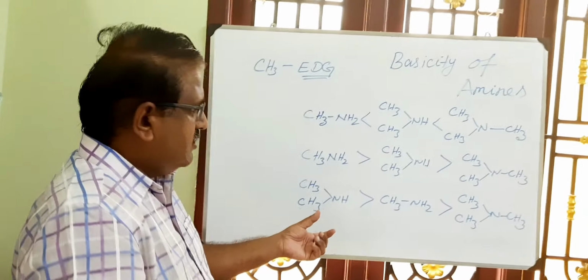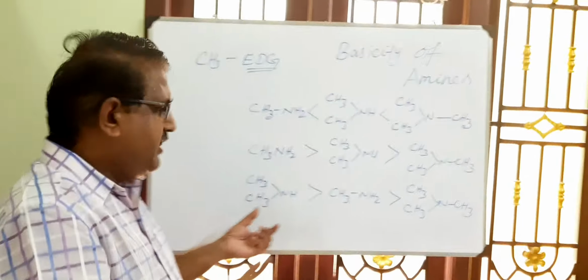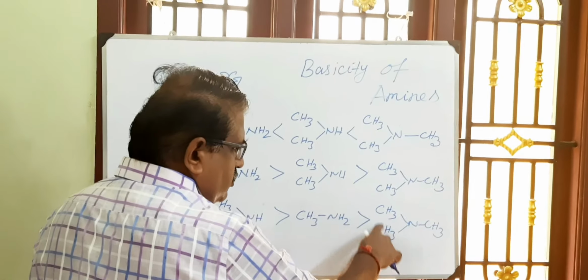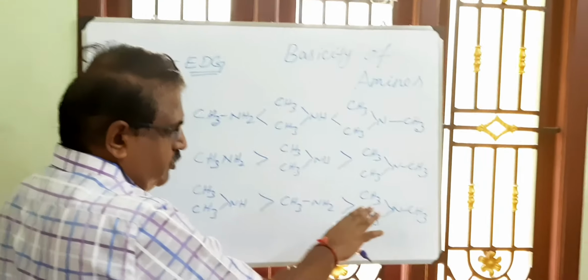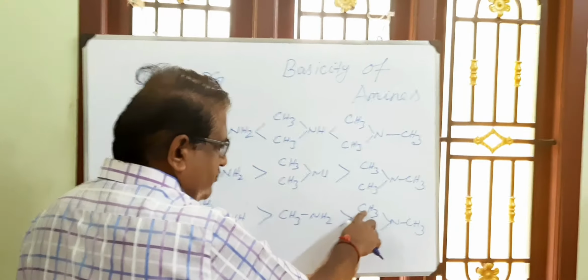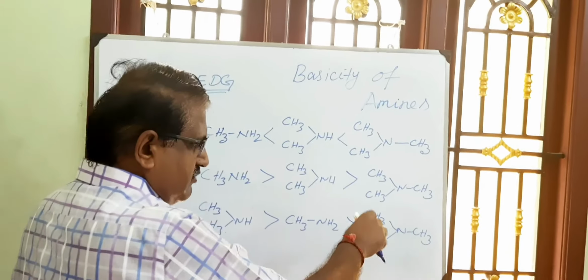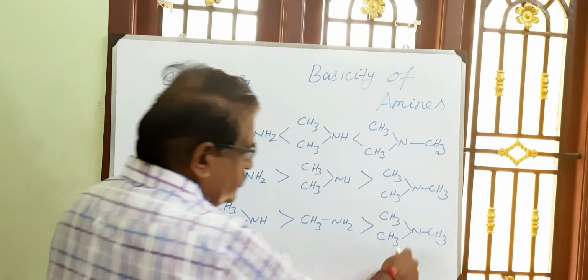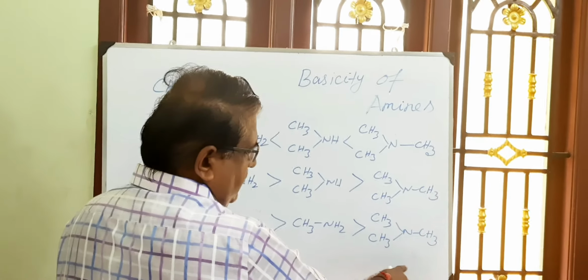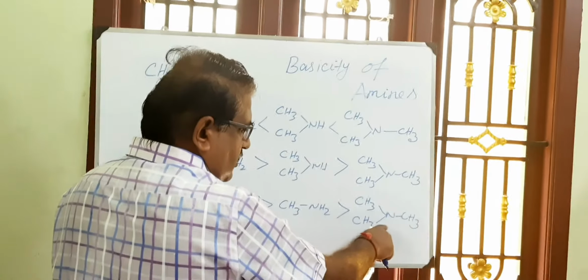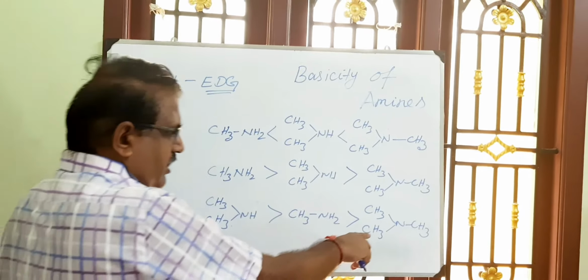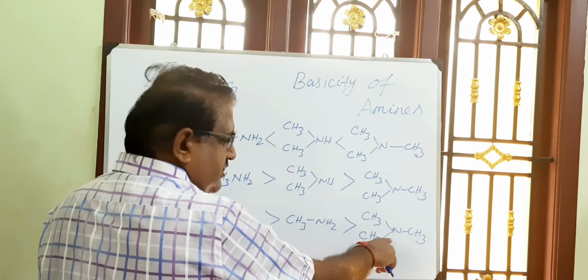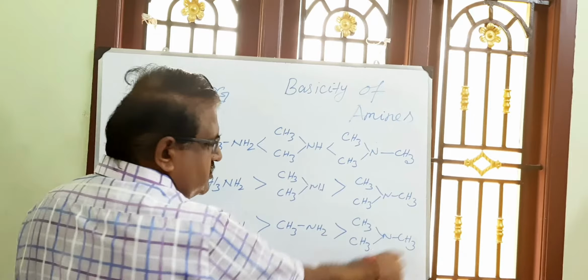So this is because of solubility as well as stability effects. In the case of the tertiary amine, the three methyl groups are electron donating groups. However, because of the bulky nature, because of the bigger size of the molecule, the solubility is affected very drastically. So the solubility effect also should be taken into consideration. Accounting for the solubility effect, this amine is the weakest of these three amines.